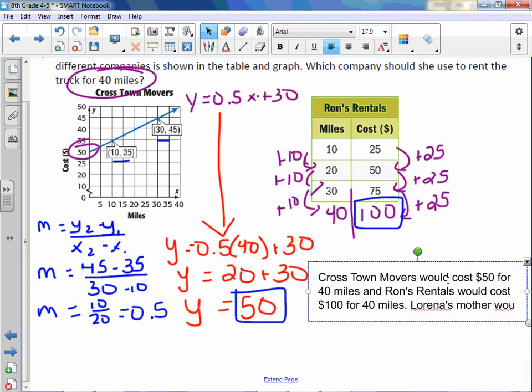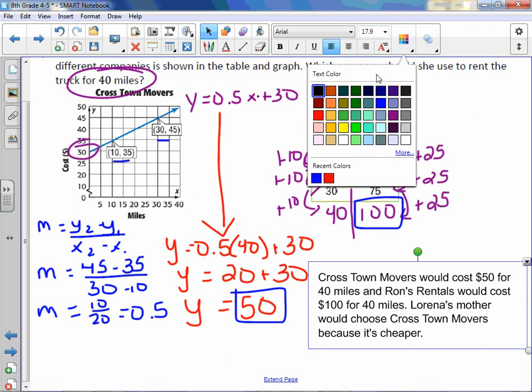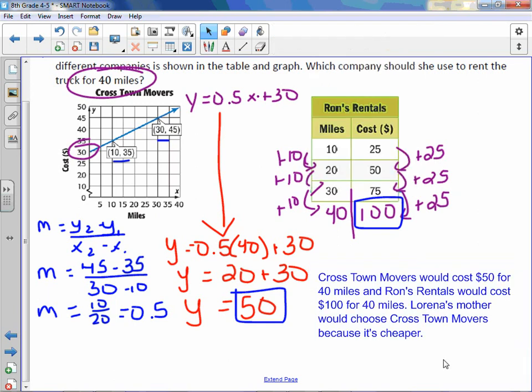Lorena's mother would choose the Crosstown Movers because it's cheaper. And that's all we would have to write for that question.